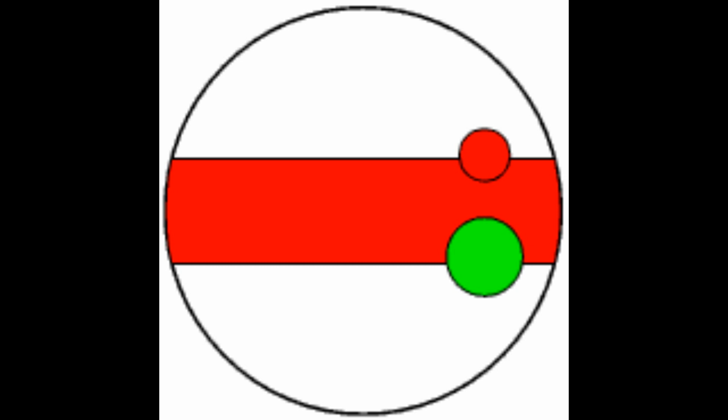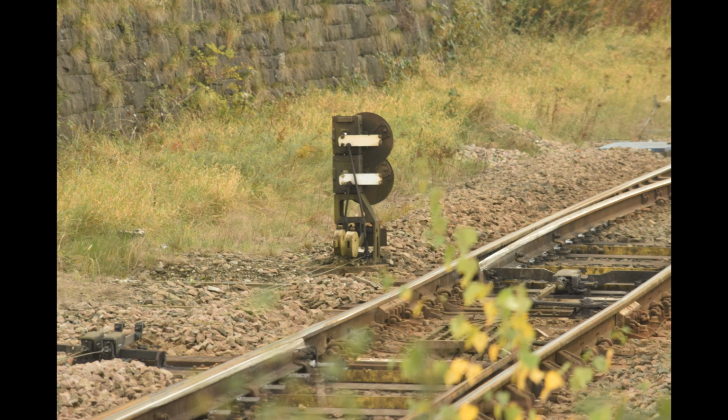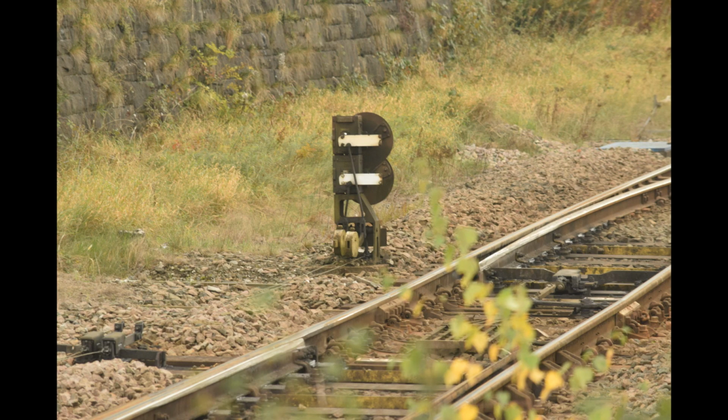And when it's at 45 degrees, so either raised or lowered through 45 degrees, the signal's off. And again, when it's off, we're going to be going past it at caution, being prepared to stop short of any obstruction. It's going to have a little red light displayed when it's on, and a little green light displayed when it's off. These are really quite small, but at night you can see them.